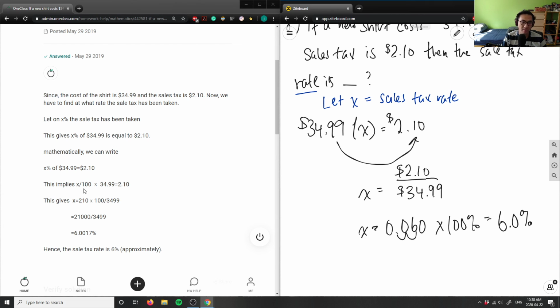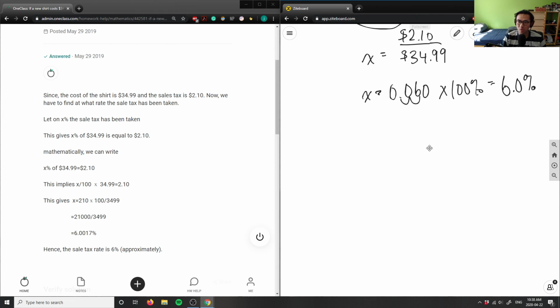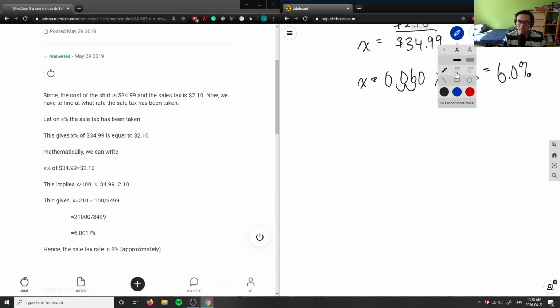And then now they cross multiplied, I believe. Yes, they cross multiplied. Let me just draw it out for you because it's not very clear what they did in this step. Did they cross multiply? Oh no, they did not. They just simply moved everything to the other side. Sorry.